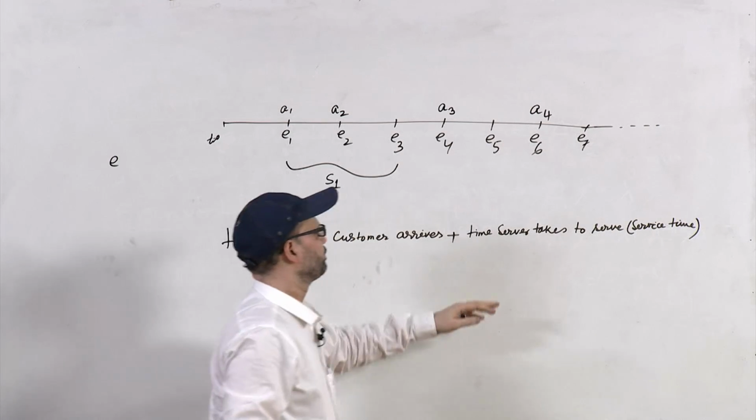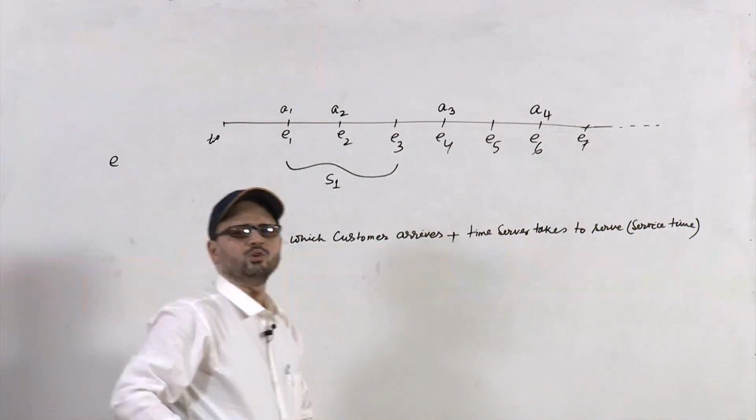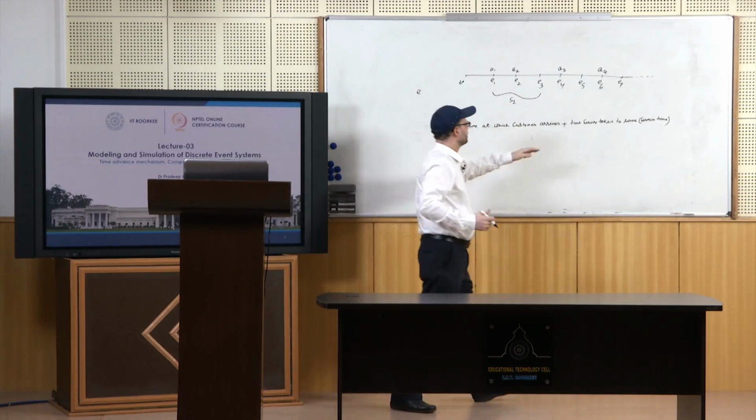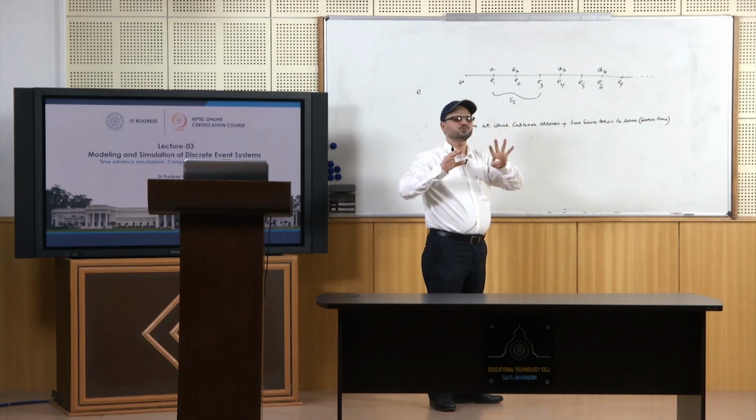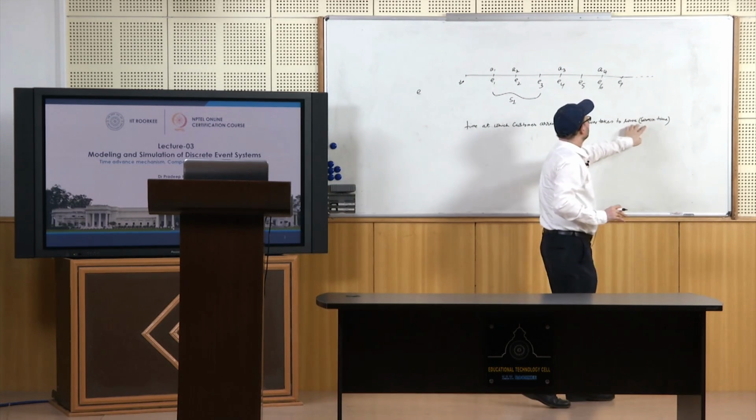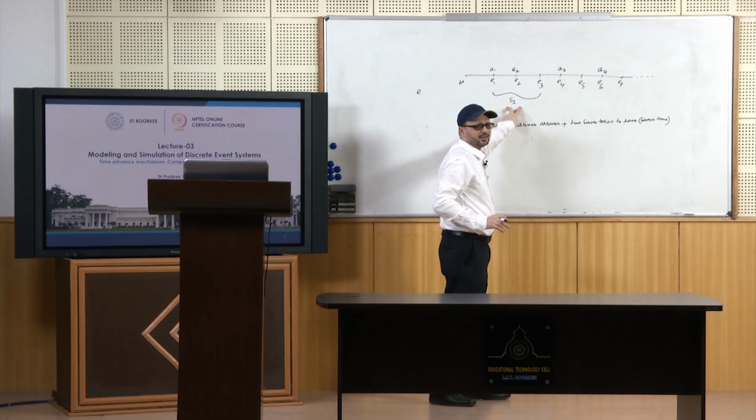This is also a time which will be probabilistic in most cases, and we will get it from a certain distribution function. So, this is the service time as we see here.